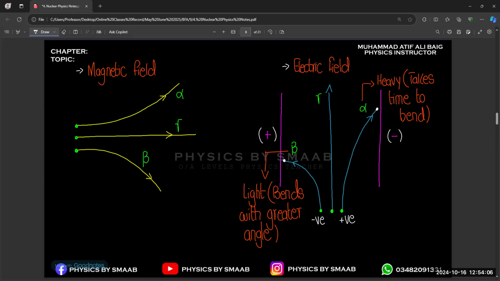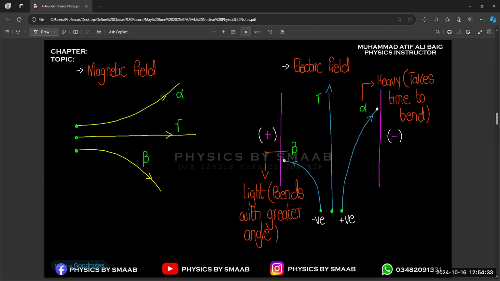If we want to discuss in detail why alpha bends in this direction and beta bends in that direction, we need to know the electromagnetism concept, but that is part of the electricity chapter. For the time being, just consider that both deflect in opposite directions. Alpha deflects in the upward direction and beta in the downward direction, because you always get a question like this.